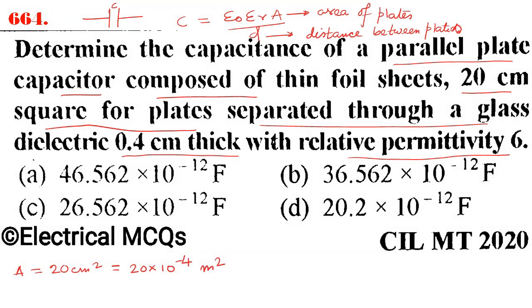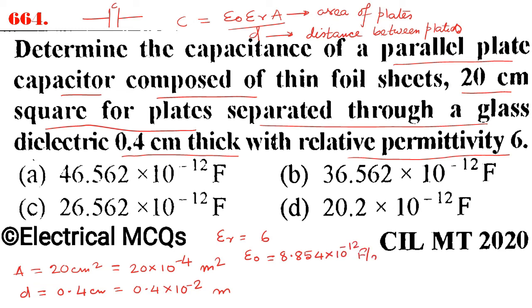And the distance between the plates is given to be D is equal to 0.4 centimeter, which is equal to 0.4 into 10 to the power minus 2 meter. And also the relative permittivity is given to be epsilon R is equal to 6, and epsilon 0 is nothing but the absolute permittivity of free space, which is given by 8.854 into 10 to the power minus 12 farad per meter.